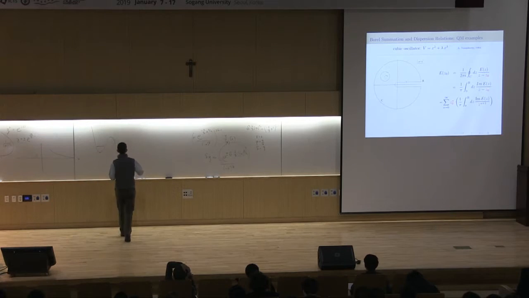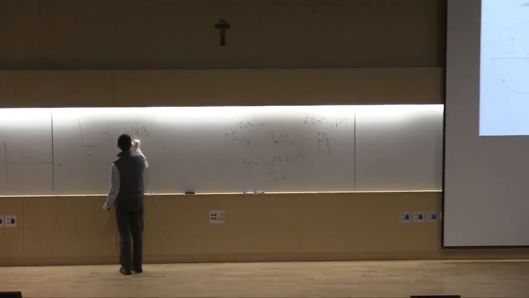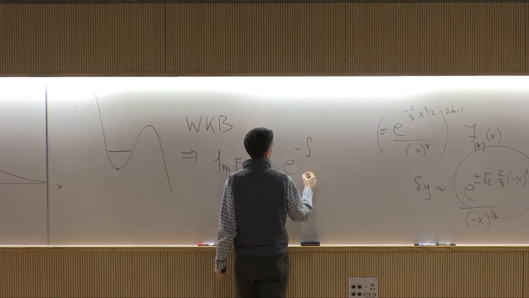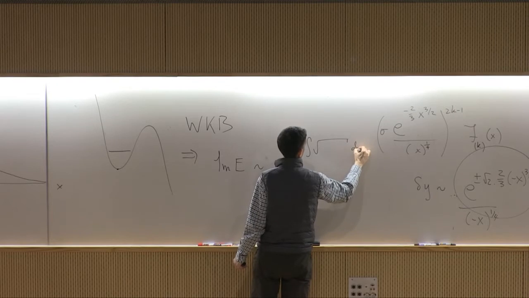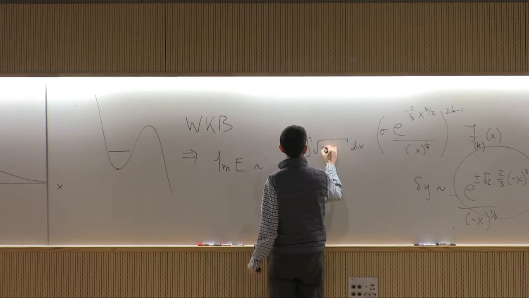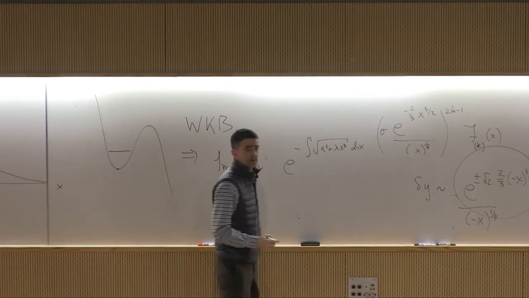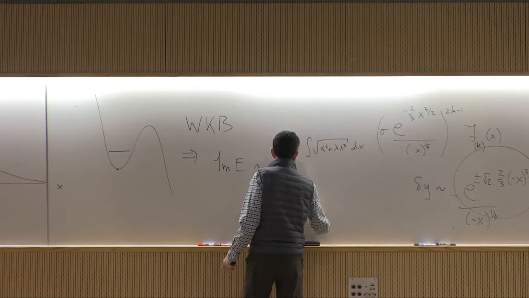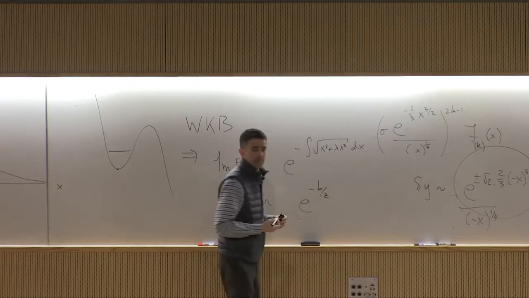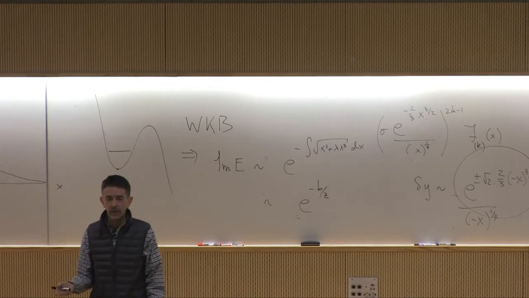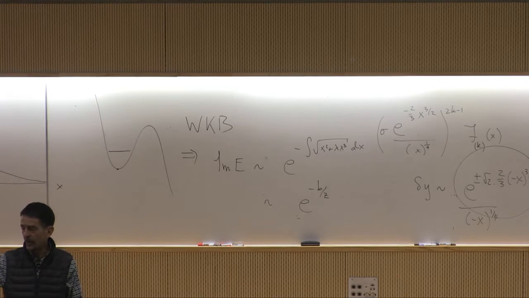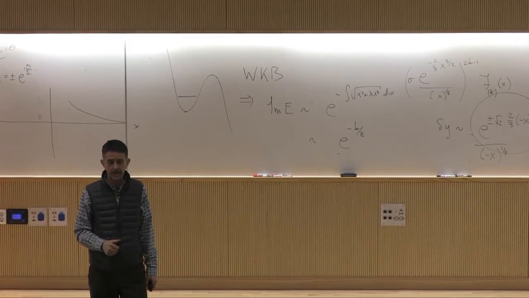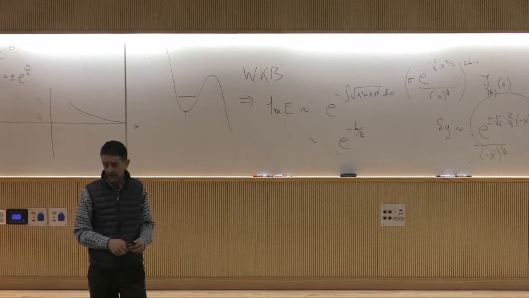The imaginary part of the energy, just from WKB, well, there's going to be an exponential, which is some dx, and you do some rescaling, where this is, say, through here, and this is some, just by rescaling x, you see that it goes like 1 over lambda squared, multiplied by some number, which you have to do an integral to calculate the exact number, but it scales like 1 over z. Okay? And if you do a little bit more work with WKB, you can work out the prefactor.